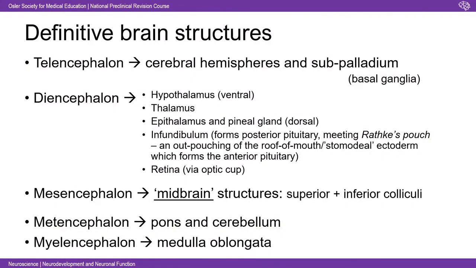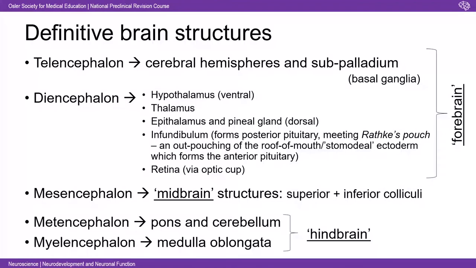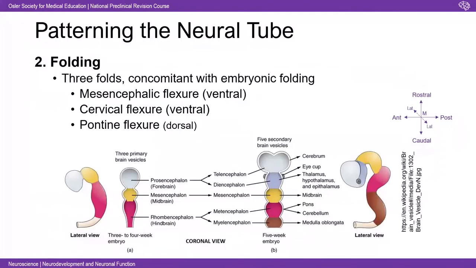So I have provided a list here that you can use in your revision, and the anatomical divisions as well. So we've got our brain vesicles and we're also going to have a process of folding of the neural tube in order to bring these vesicles into the gross morphological arrangement that we see in the adult brain.